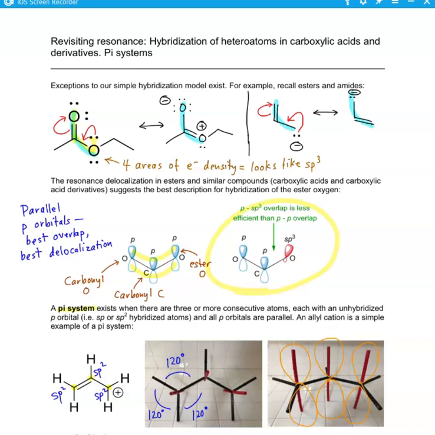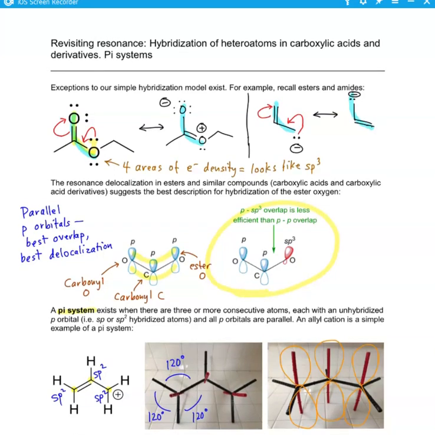But because it's involved in a resonance argument, it has to be sp2 hybridized, because only an sp2, or for that matter an sp hybrid atom, is going to have a leftover p orbital that can participate in a pi system. This is going to be true in all cases where you have a lone pair next to a double or triple bond.